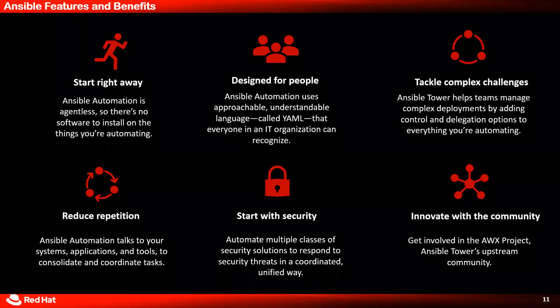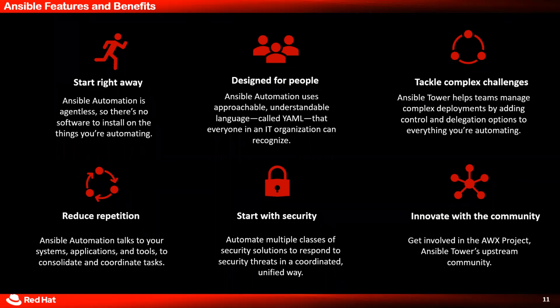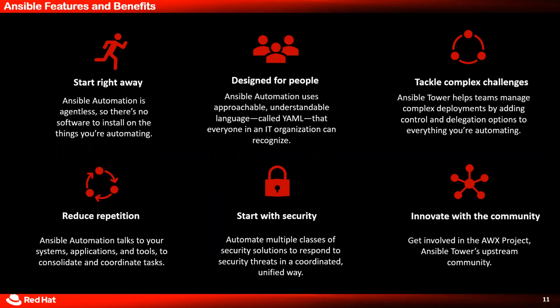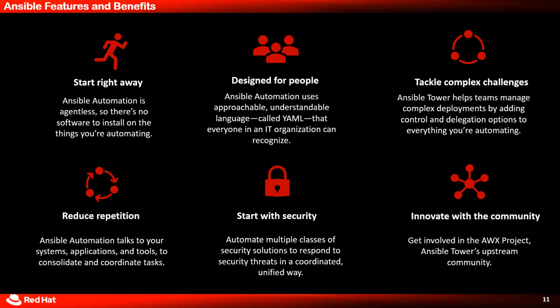You might already be aware of what Ansible is. Ansible is basically an agentless automation. Because it is agentless, you don't have to install any software on the client machine, so that you can start the automation straight away. You don't have to install or configure anything on the client side.